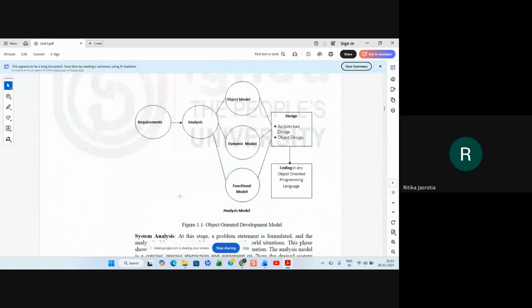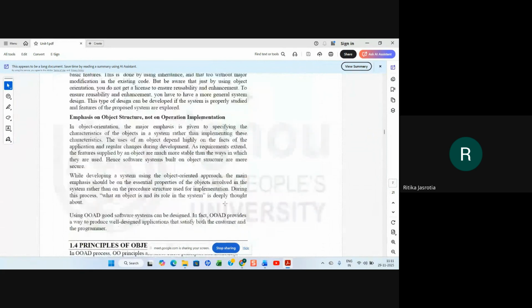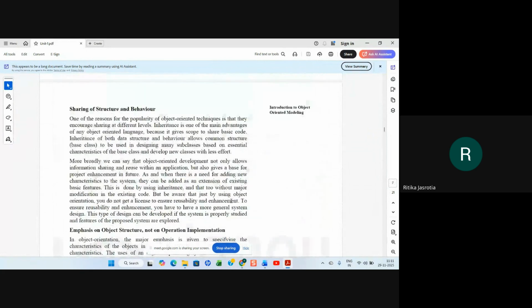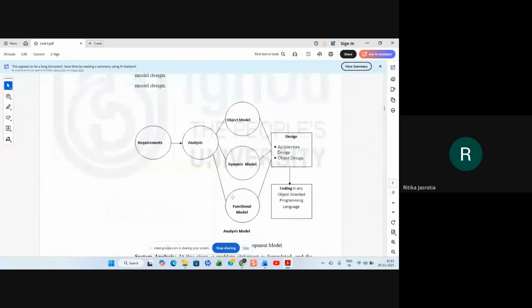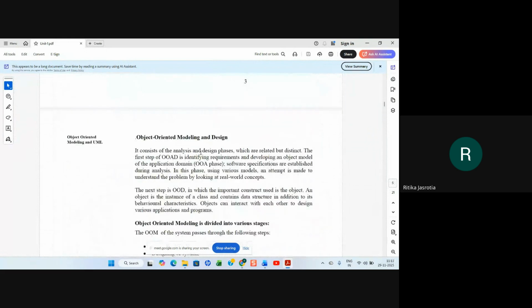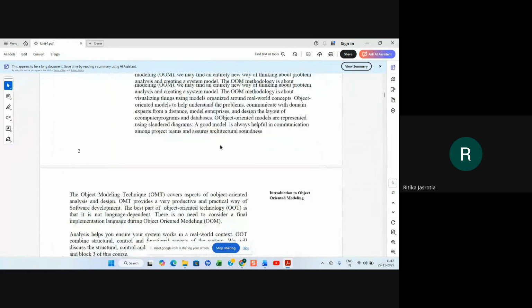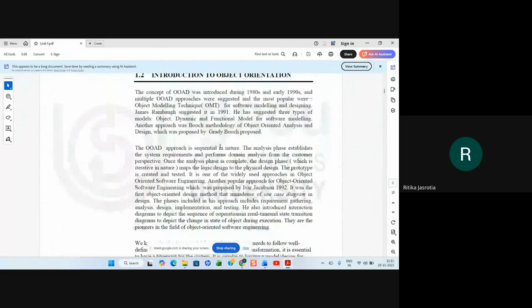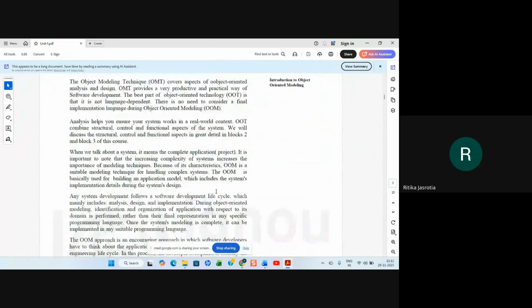Right, so this unit 1 is important from the point of view that you may also get a question on object oriented modeling, right? So what is object oriented modeling, if you get it? So this is your thing. Object oriented modeling, OOM, is a modeling technique that covers aspects of object oriented analysis and design, so this can also come, right?